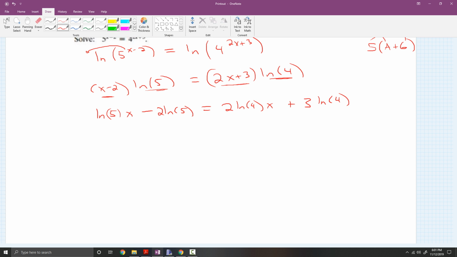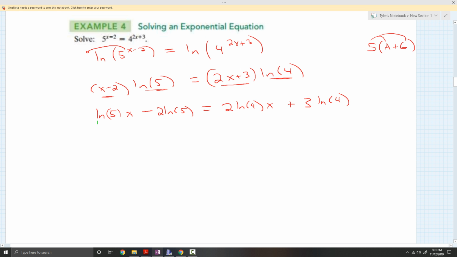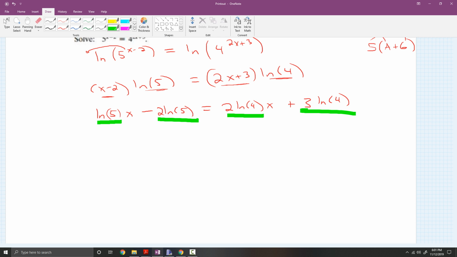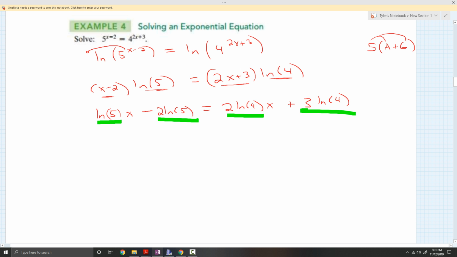And just to be really clear, this is just a number. This is a number. This is a number. Not the x. Didn't mean to go under that. And this is a number. So this might look really scary, but really it's just like something like this: 2x minus 6 equals 5x plus 4.